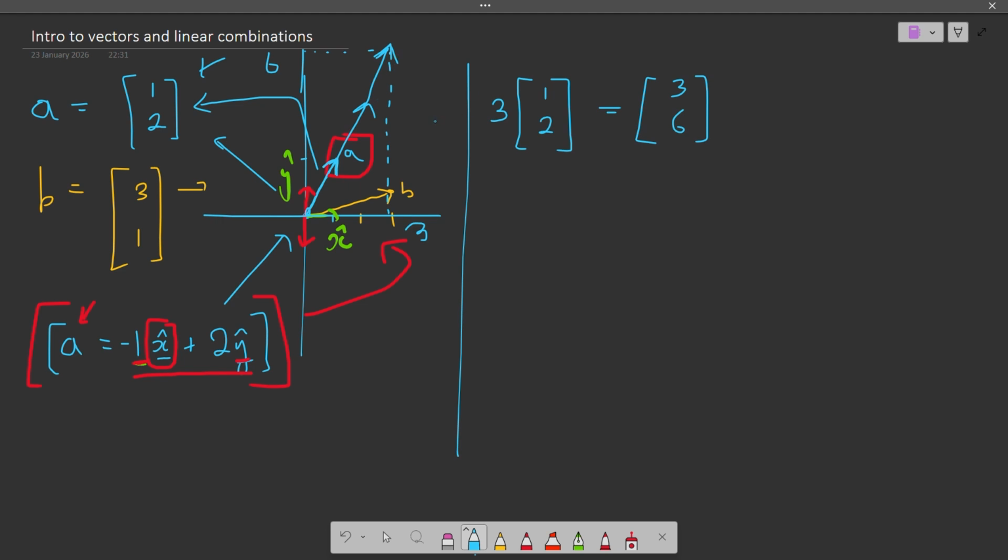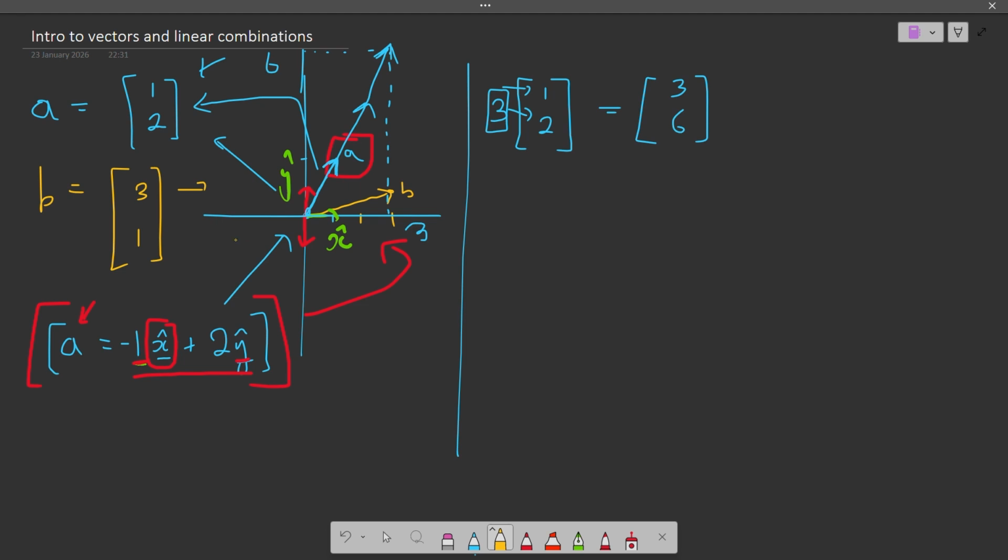We do not rotate the vector, we do not shift the vector, we just change its magnitude. To do this mathematically, you just multiply the scalar value with all the elements of the vector. So to multiply 3 with this vector 1, 2, we multiply 3 with 1 and we also multiply it with 2. So we get 3 and 6.